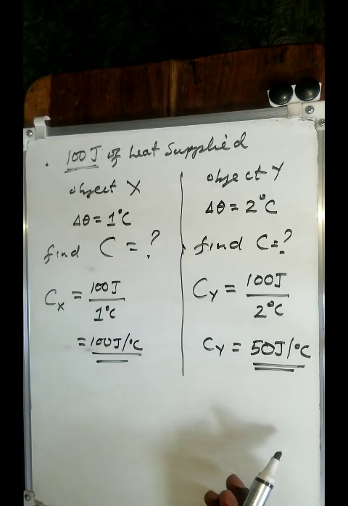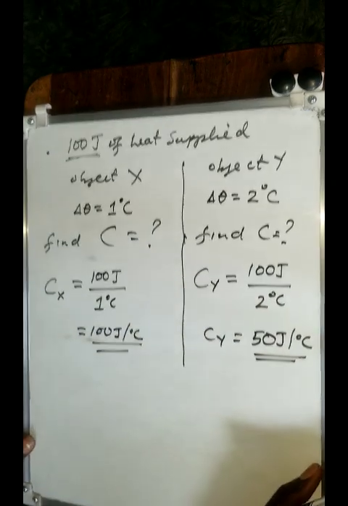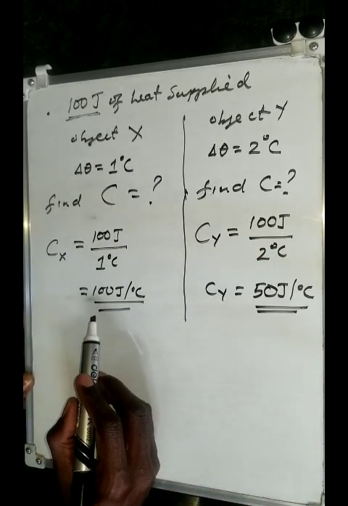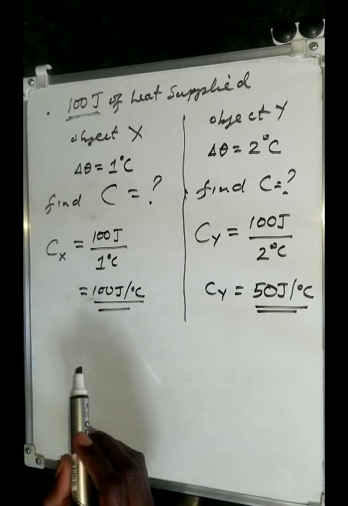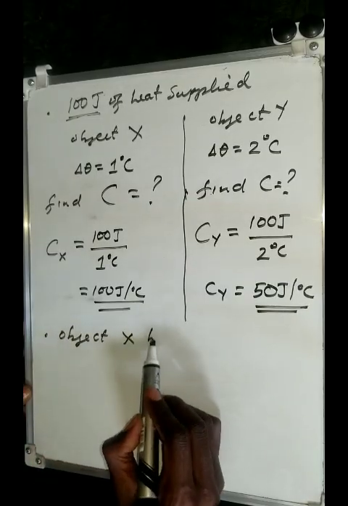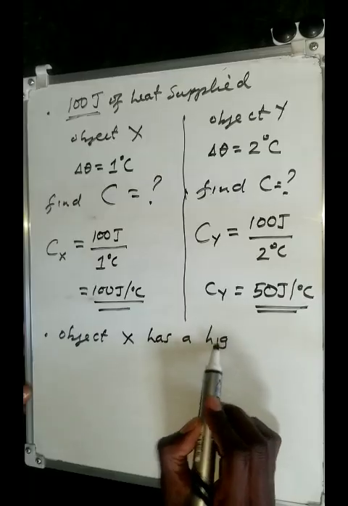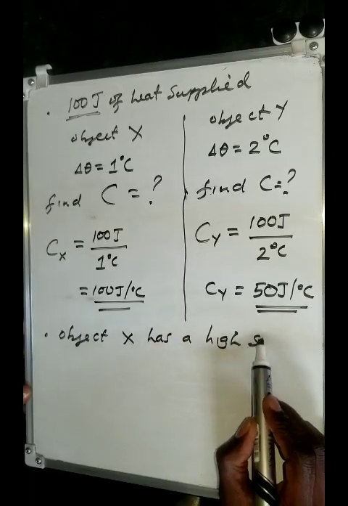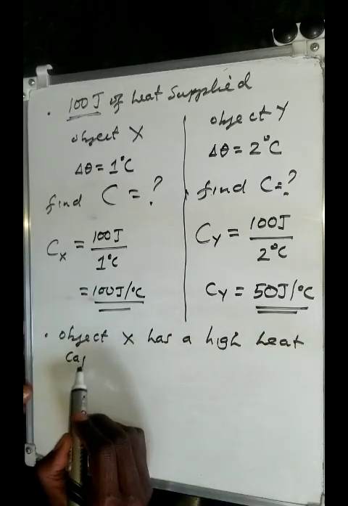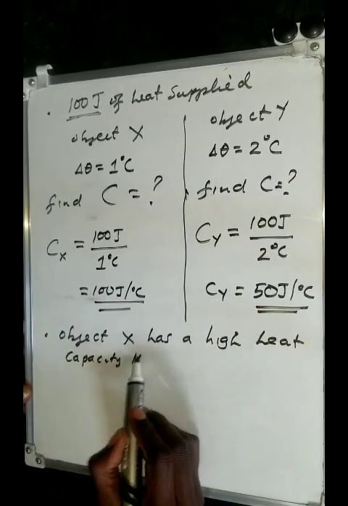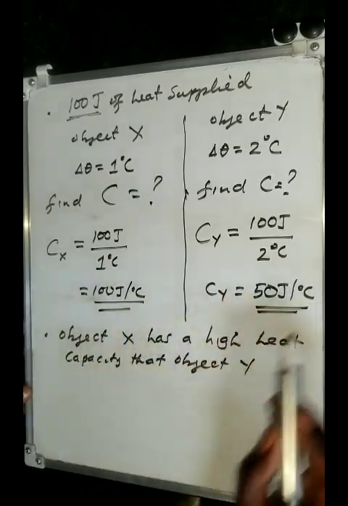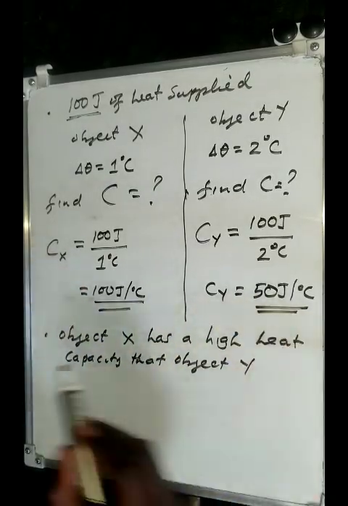Now what's the conclusion that we can make from this analysis that we have done? You can see that object X has a higher heat capacity than Y. So it has a high heat capacity than object Y. That is what you can see from what we have gotten there.